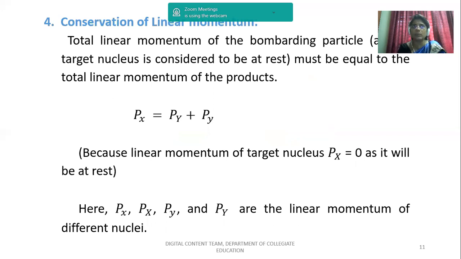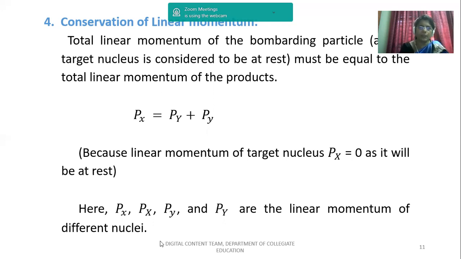But since we know that we always consider the target nucleus to be at rest, there will be no momentum contribution with respect to the target on the reactant side, and we consider it is the total linear momentum which corresponds to the bombarding particle, and that should be equal to the total linear momentum from both the product nucleus and the ejectile.